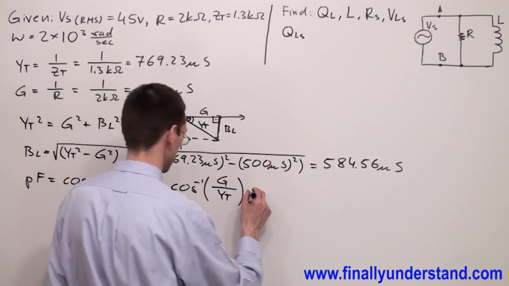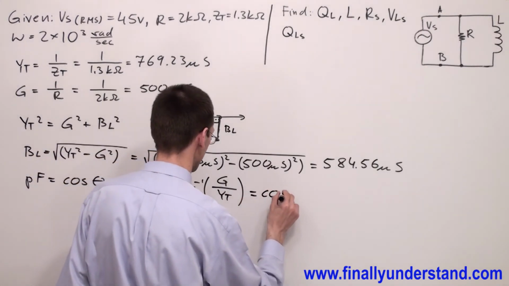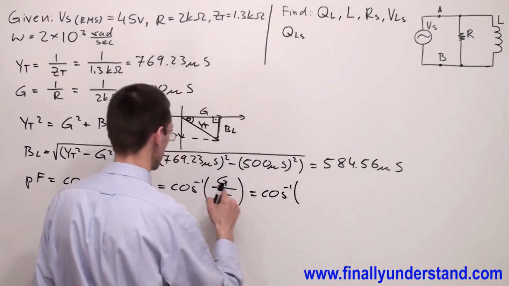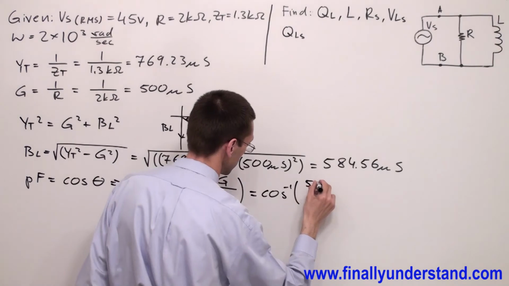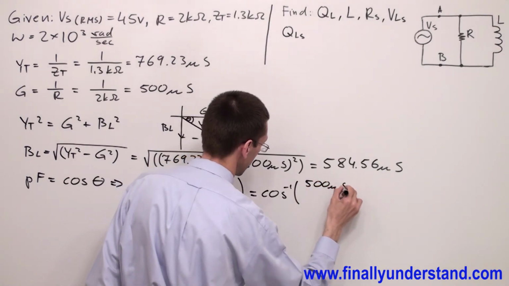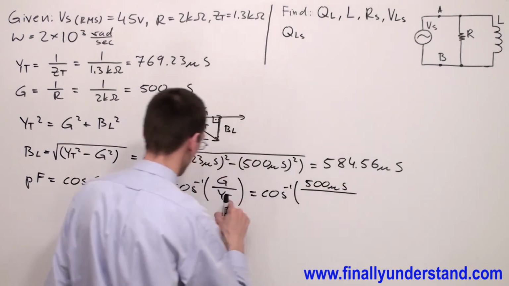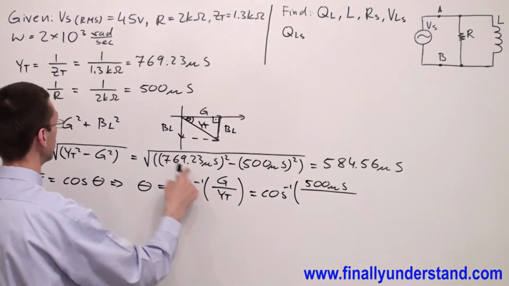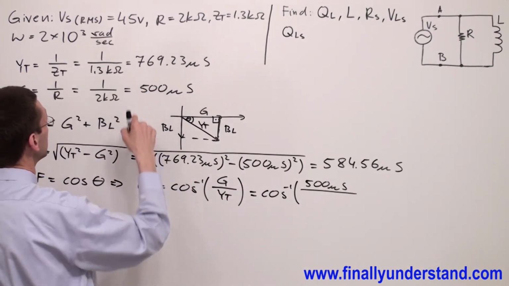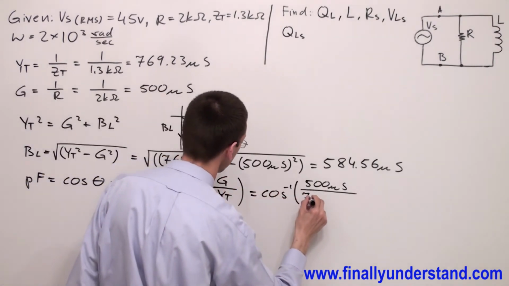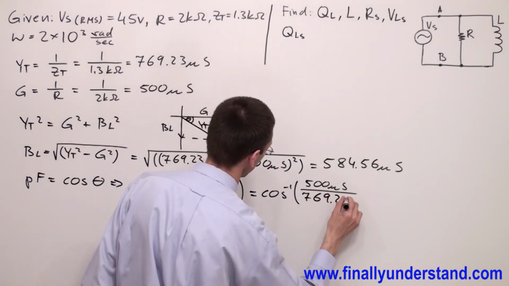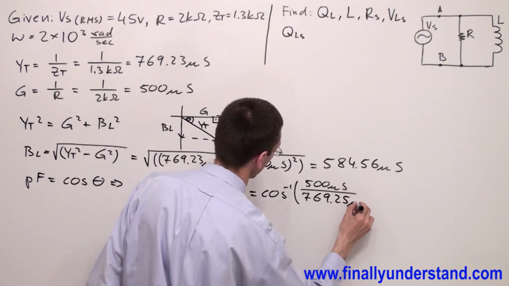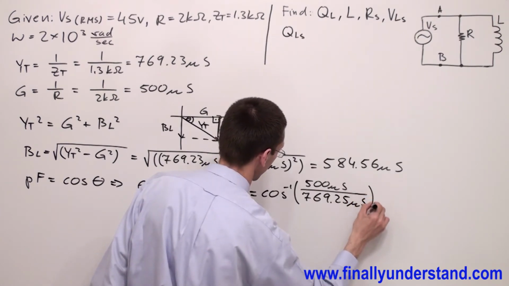So I have inverse cosine G, which is equal 500 microsiemens over Y total, and we found Y total is 769.25 microsiemens.